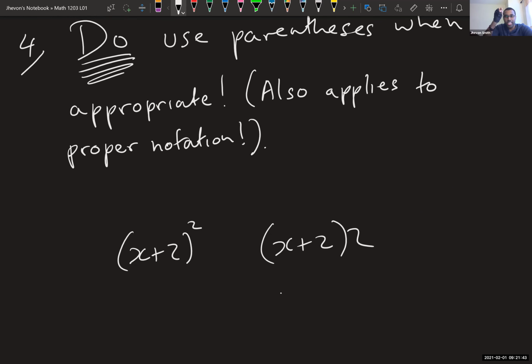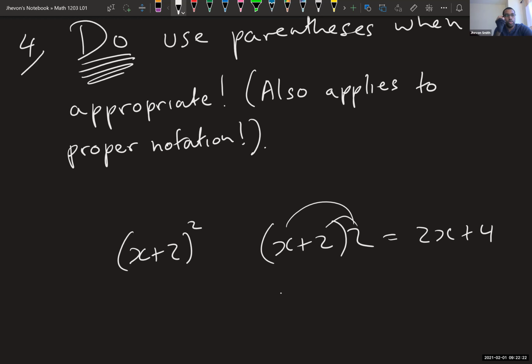They meant to write the 2 very small and up to the right corner, but for whatever reason they didn't, and they wrote this 2 very sloppily. And so they do stuff, and lo and behold, they look at this and like, okay, yeah, distributing. And technically they're correct. If this was a 2 like that, you should distribute, and that would be a 2x plus 4. And I've seen students make that mistake just because they were sloppy with how they wrote the powers.